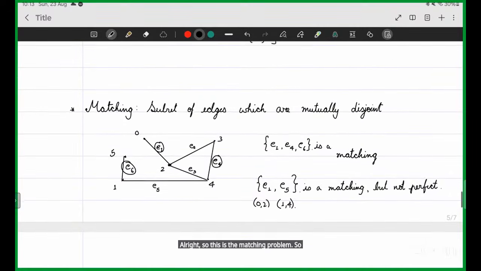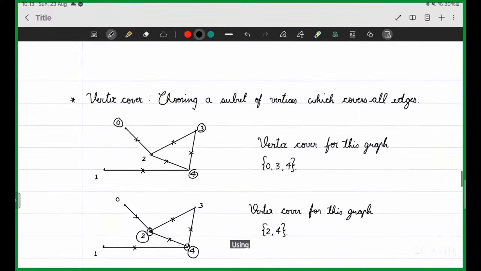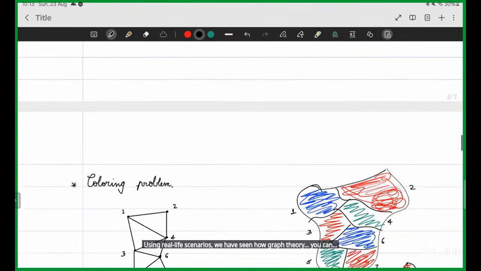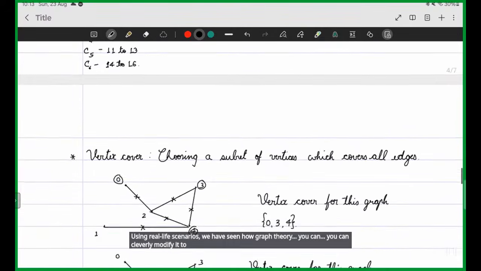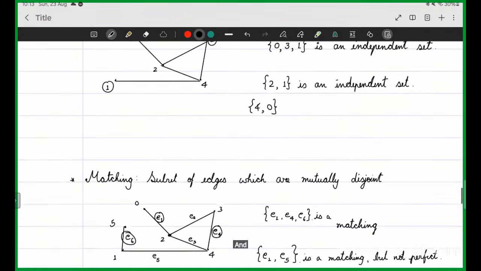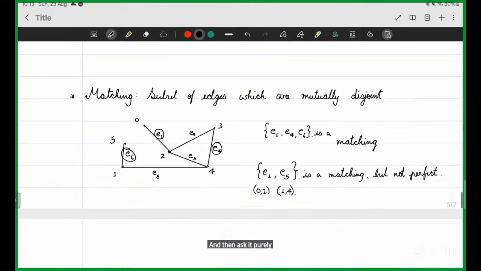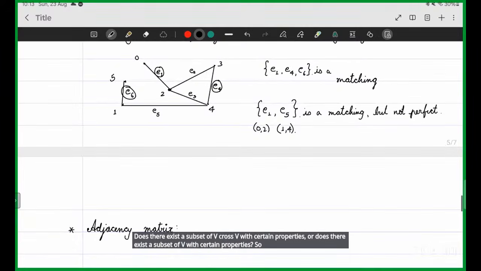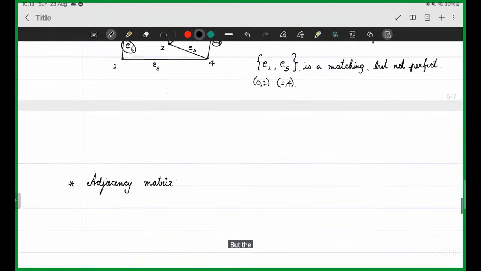Using real life scenarios, we have seen how you can cleverly modify them into a graph theory problem and then ask it purely in terms of: does there exist a subset of V cross V with certain properties, or does there exist a subset of V with certain properties? So it clearly becomes just a maths problem, but the underlying idea is something which is motivated by real life.